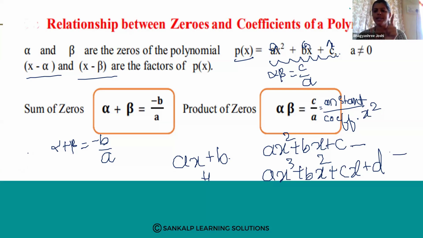That we call alpha and beta. So the sum of the zeros alpha plus beta is equal to minus b divided by a. The product of the zeros alpha into beta is equal to c divided by a. Okay. So this is also very important.